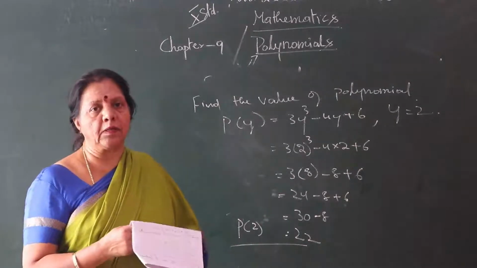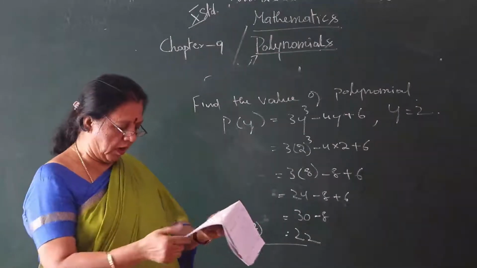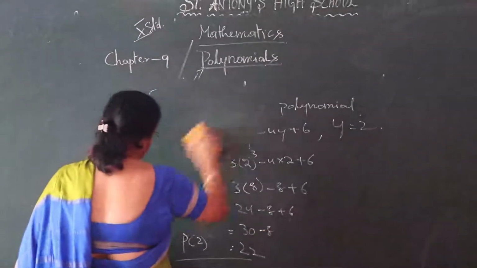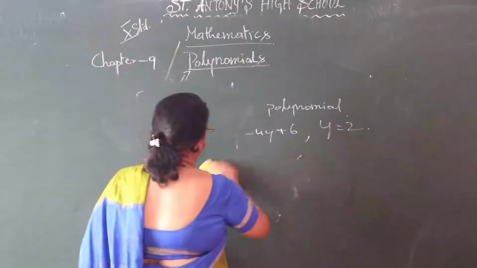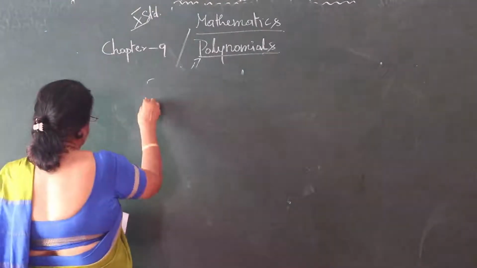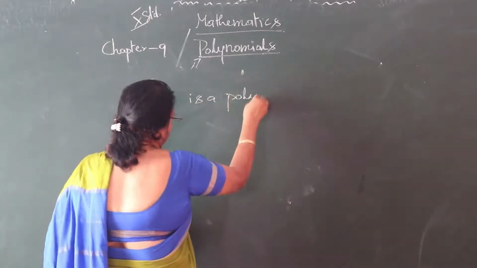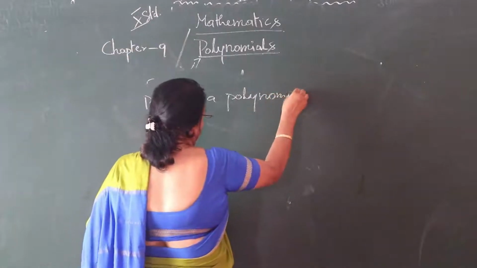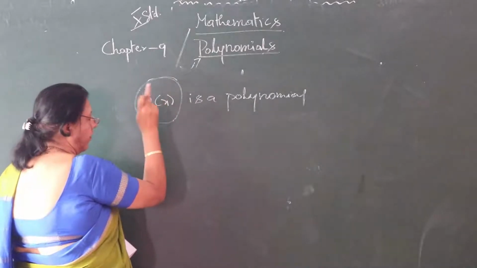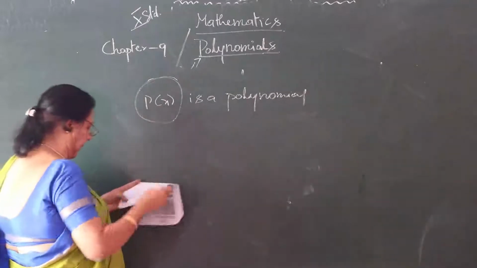Okay. Now let us pass on to zero polynomial. What is that? Zero polynomial. I told you already. This is given in your book only. That only I have taken. Zero polynomial. See here, p of x is a polynomial. So this is the indication p of x, so p of y, p of any letter there in the expression we can substitute in this place.